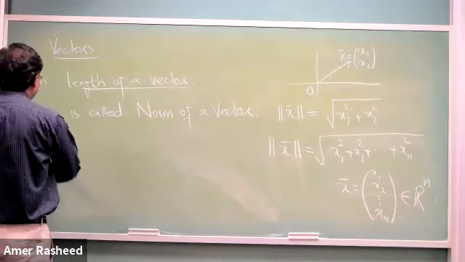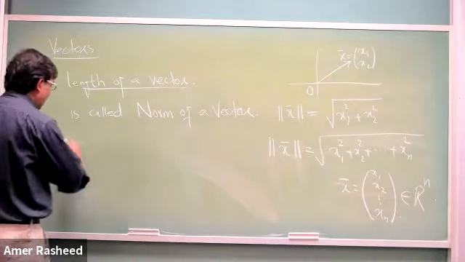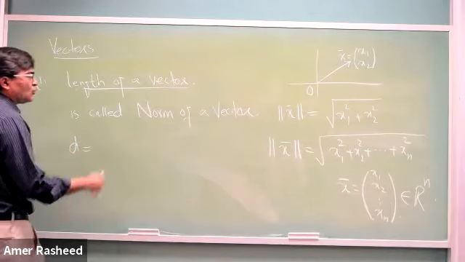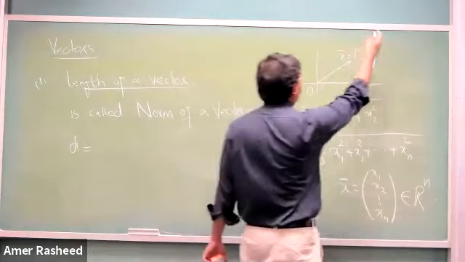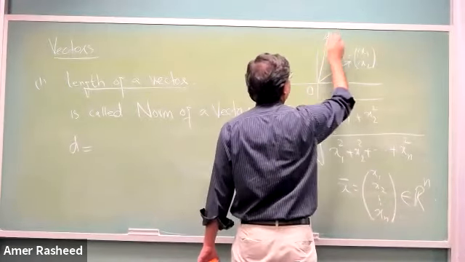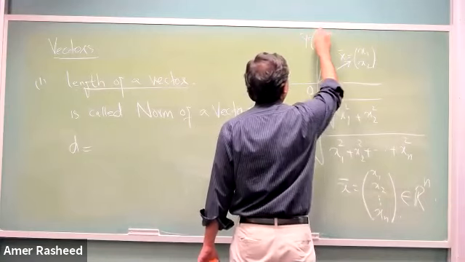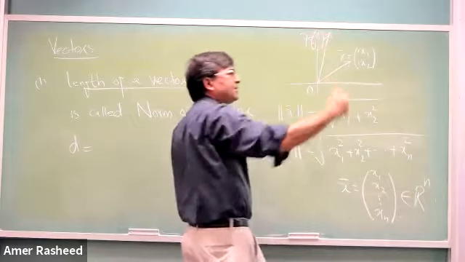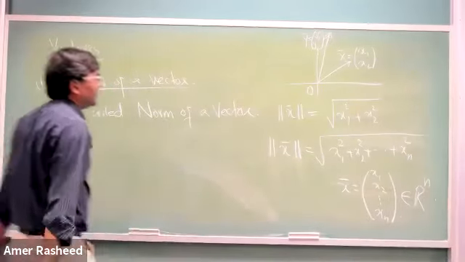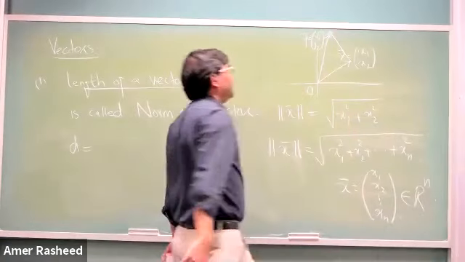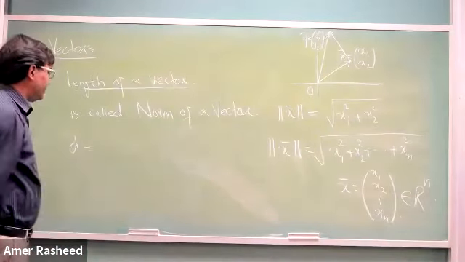Similarly, the distance between two vectors. If we have two points, for example, this is your x vector, and we have another vector, this one, which is y vector. Its components are y1 and y2. If we want to calculate the distance between these two vectors, how can we calculate it?